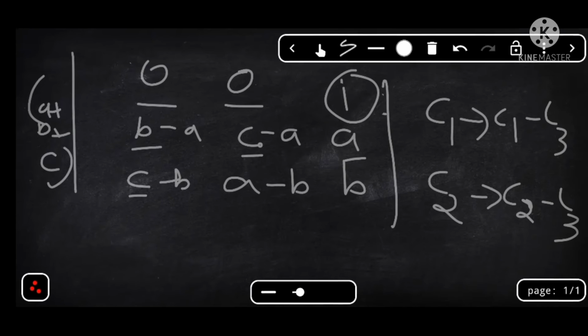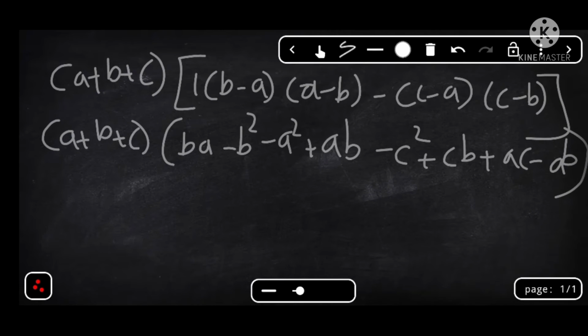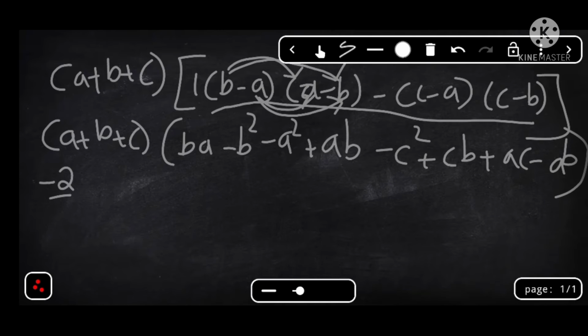So let's expand this. Here we have the expansion. Now we are multiplying the brackets, like this, like this. We'll multiply all of them, we'll get like this. Now just multiply and divide it with minus 2. If we write minus 2 by minus 2, that is same as 1.